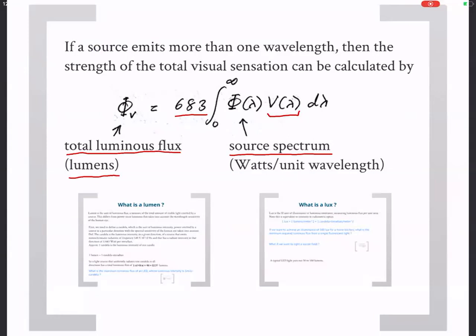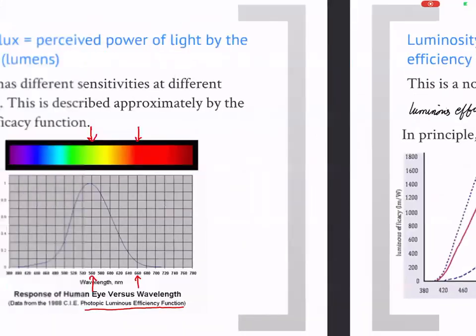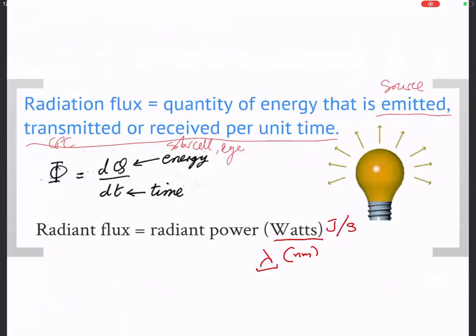Okay, now let's try to define this a little more quantitatively. What is a lumen? A lumen is the unit of luminous flux. Let's make sure, here, this is the radiant flux.